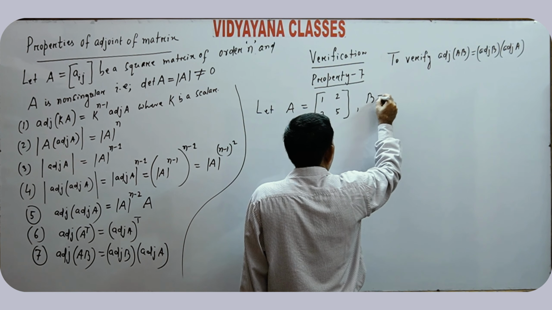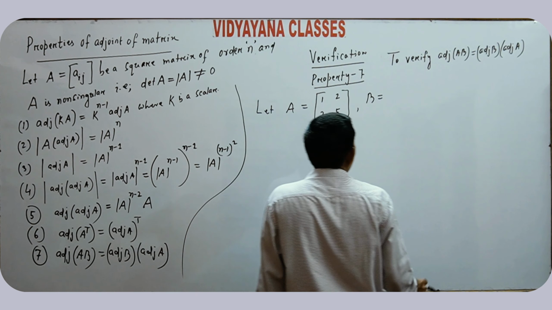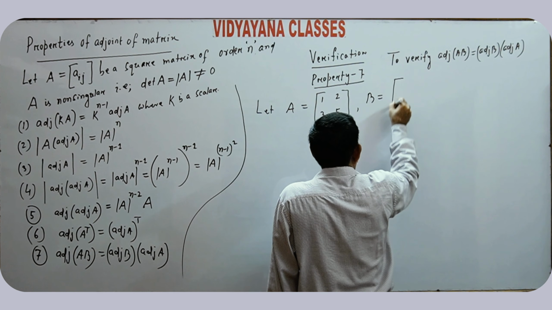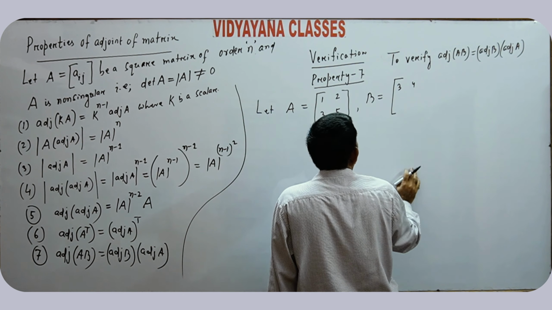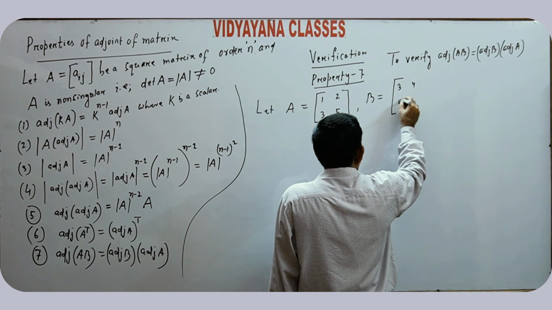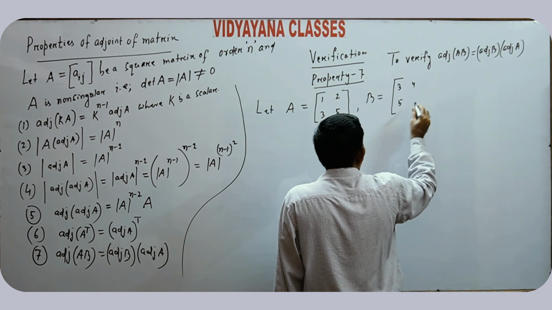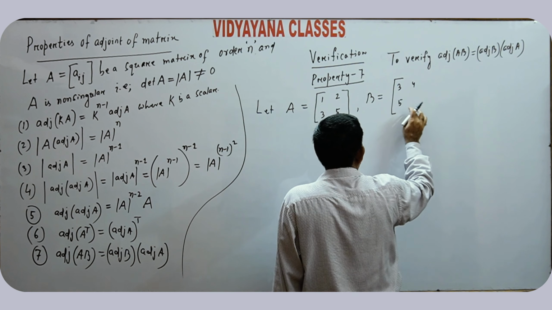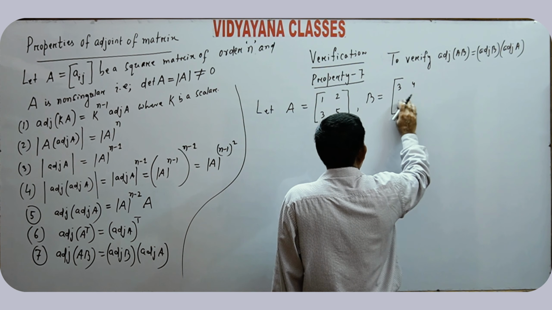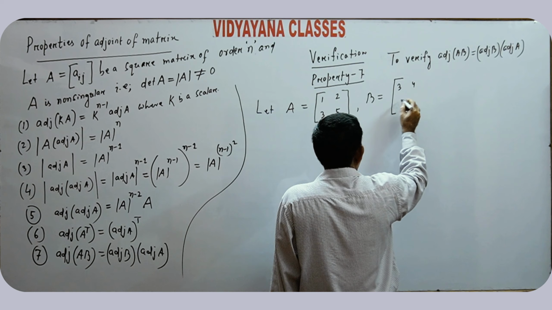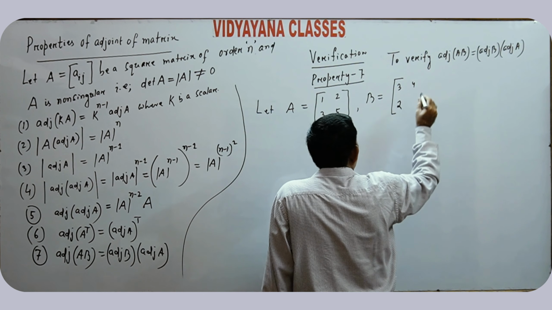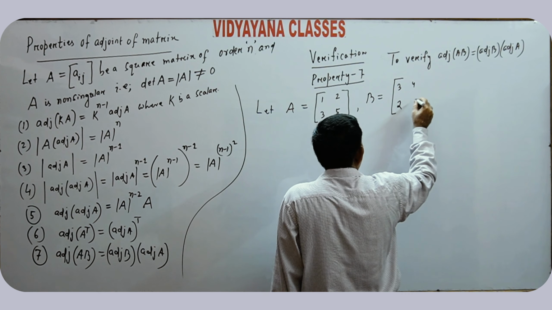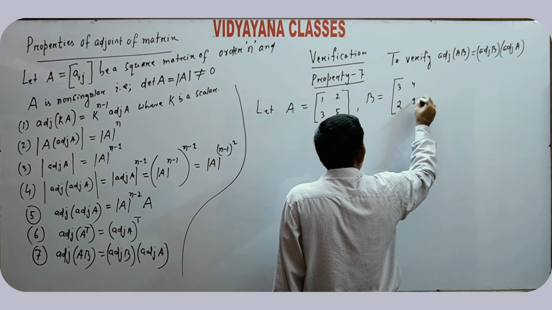B is a matrix having elements 3, 4, 2, 1.